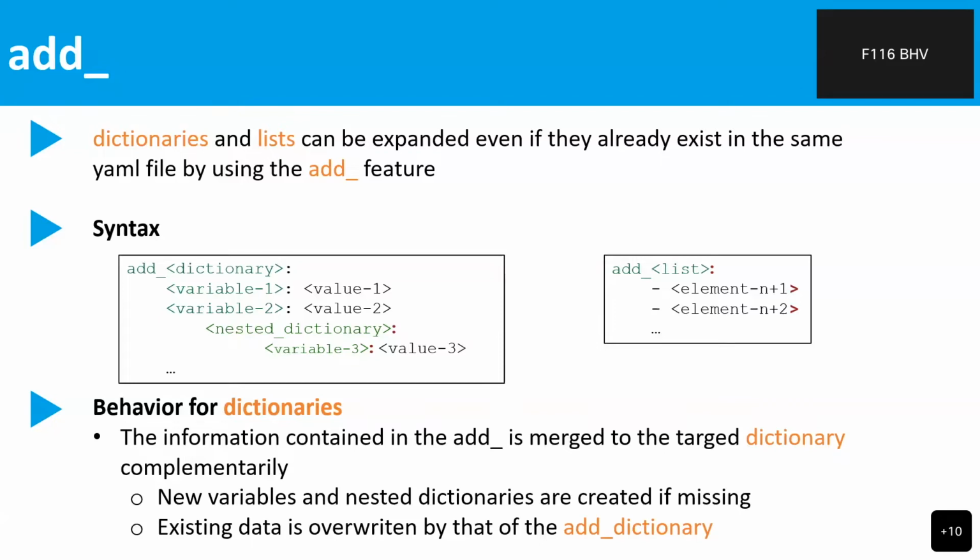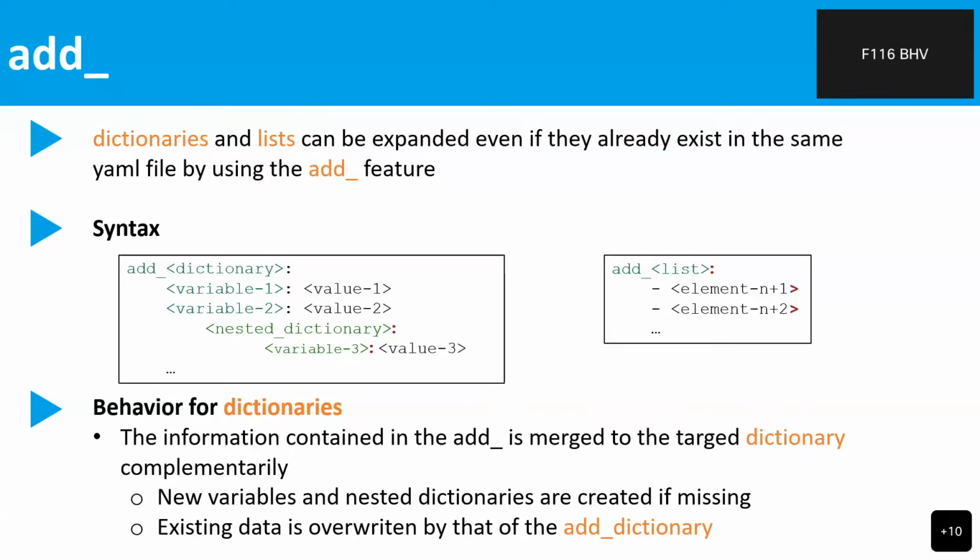And then inside choose blocks, we can use the add functionality so that depending on our selector case, we can add one thing or another to that particular dictionary. In the case of lists, because lists can have repeated elements, it just adds more elements at the bottom of the list.